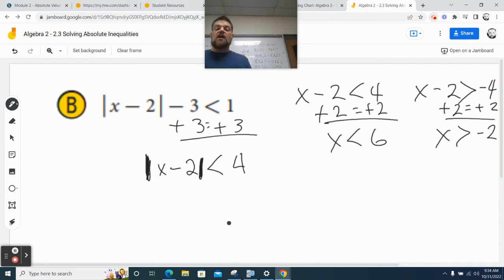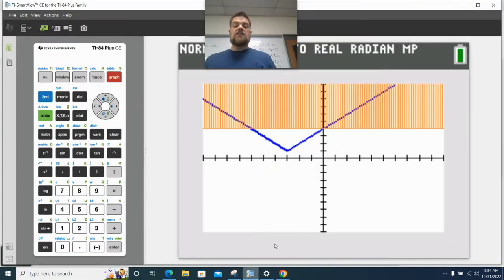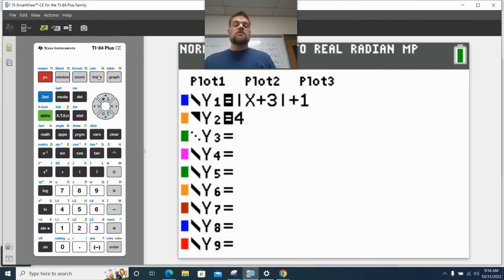Okay. Let's verify this on our calculator. So go back to your calculator, go back to y equals, and we said that the absolute value of x minus 2, minus 3, was less than 1.